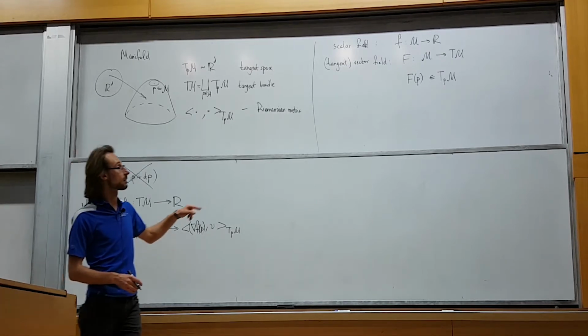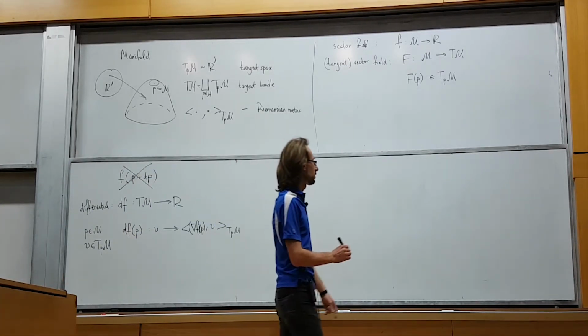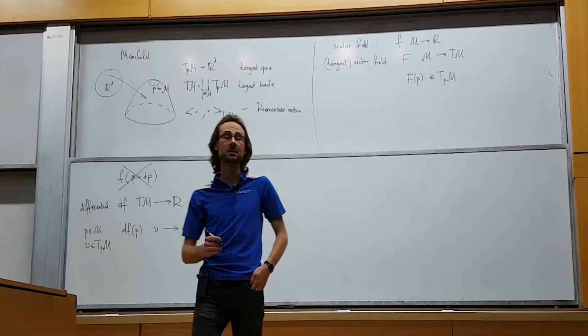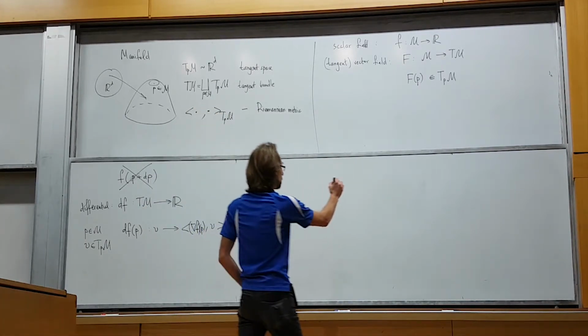Okay? So for the purpose of defining it, let me construct two spaces. Basically, I will construct two Hilbert spaces, two inner product spaces. I will define two types of inner products.